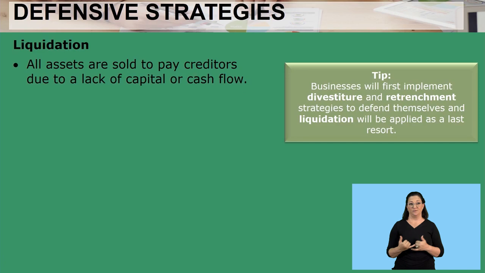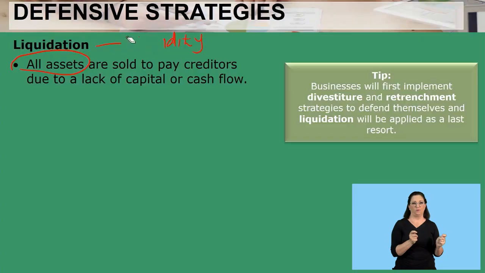The last one is liquidation. Now, please do not confuse liquidation with liquidity. Liquidity, in securities or investment, is the speed of converting your investment into cash. Don't confuse that.